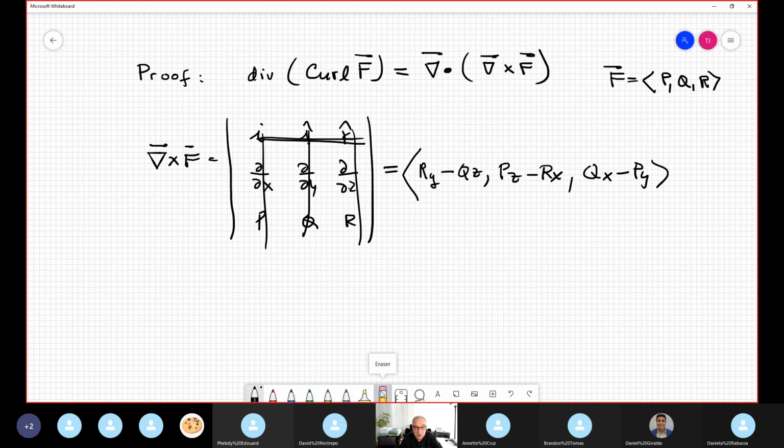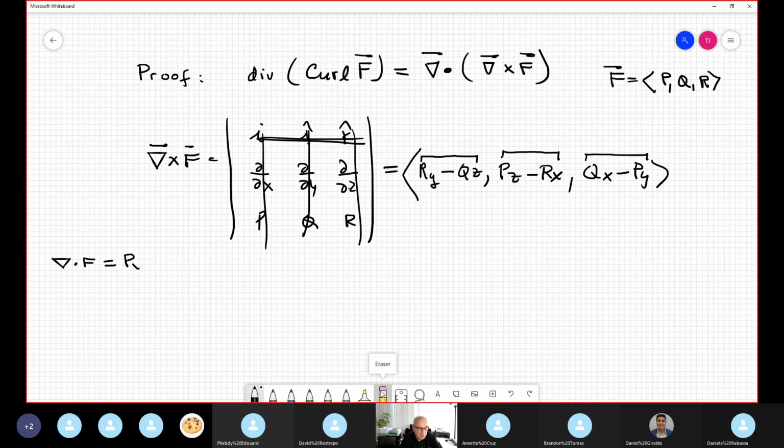And divergence by definition is the derivative with respect to x, derivative with respect to y, and derivative with respect to z. So remember the formula for the divergence. Let me copy it in one corner of the paper.